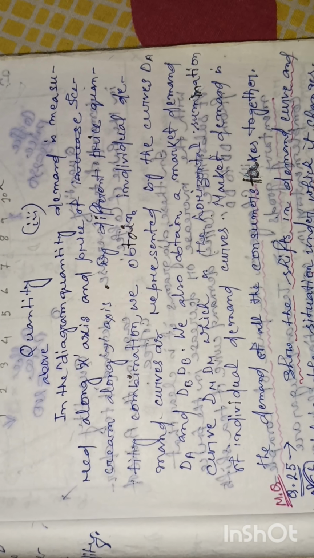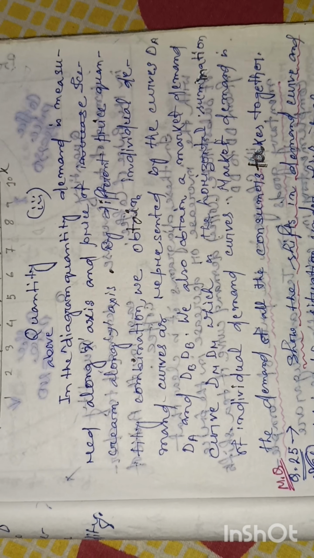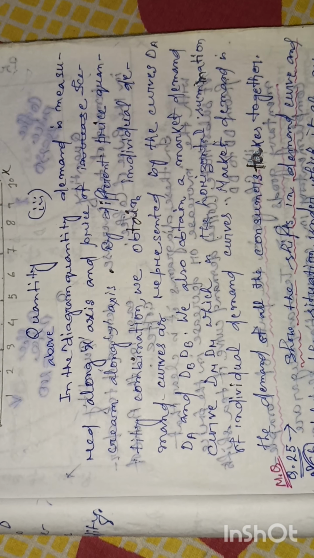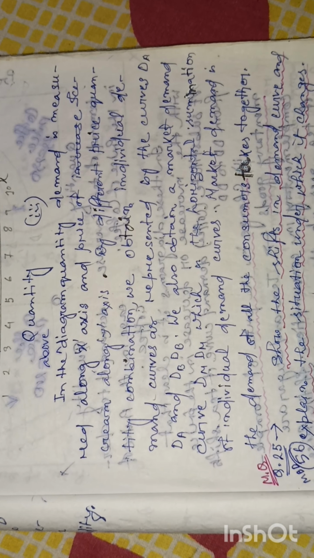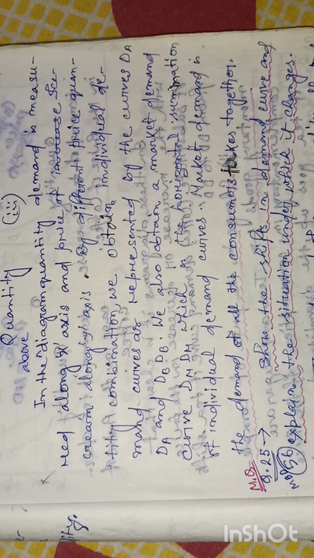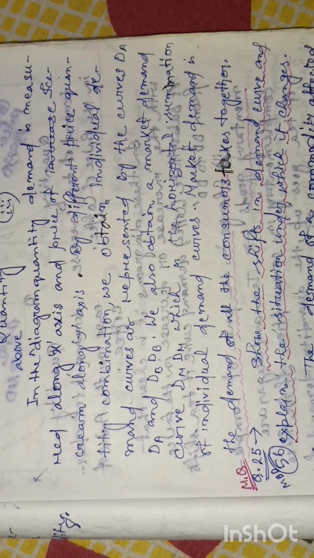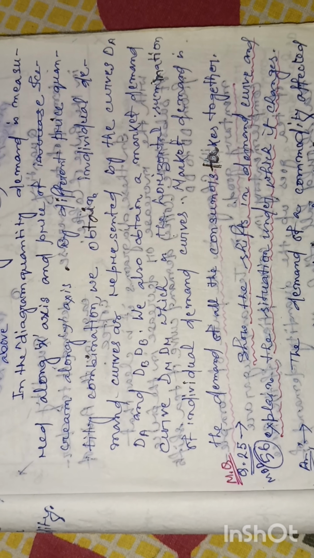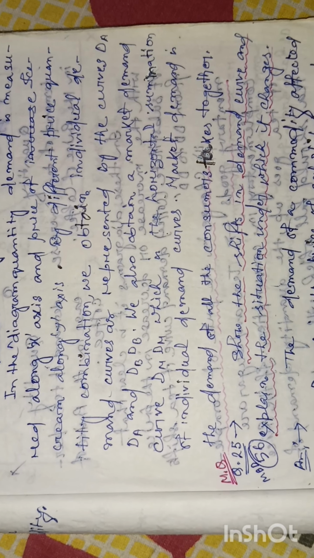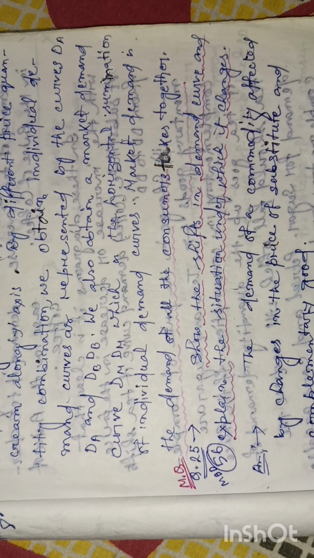In the above diagram, quantity demanded is measured along the x-axis and price of ice cream along the y-axis. By different price-quantity combinations, we obtain individual demand curves as represented by the curves dA and dB. We also obtain a market demand curve dM, which is the horizontal summation of individual demand curves. Market demand is the demand of all the consumers taken together.